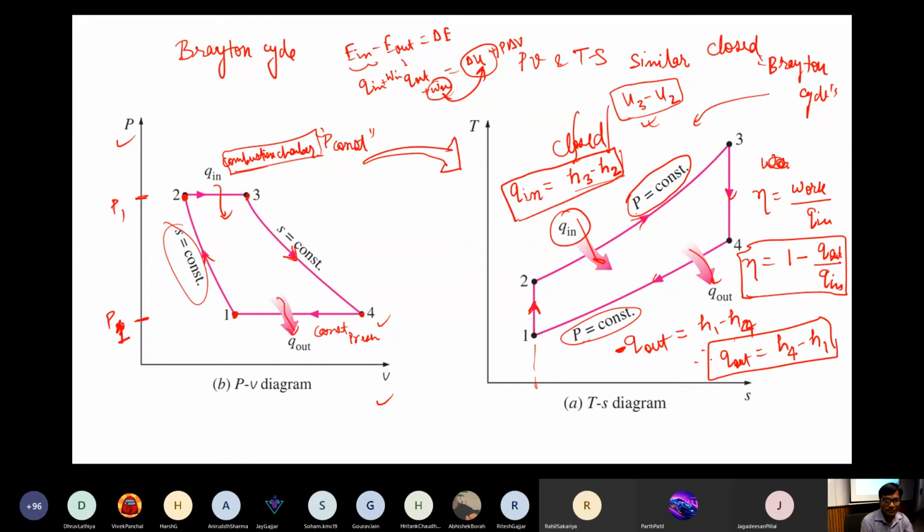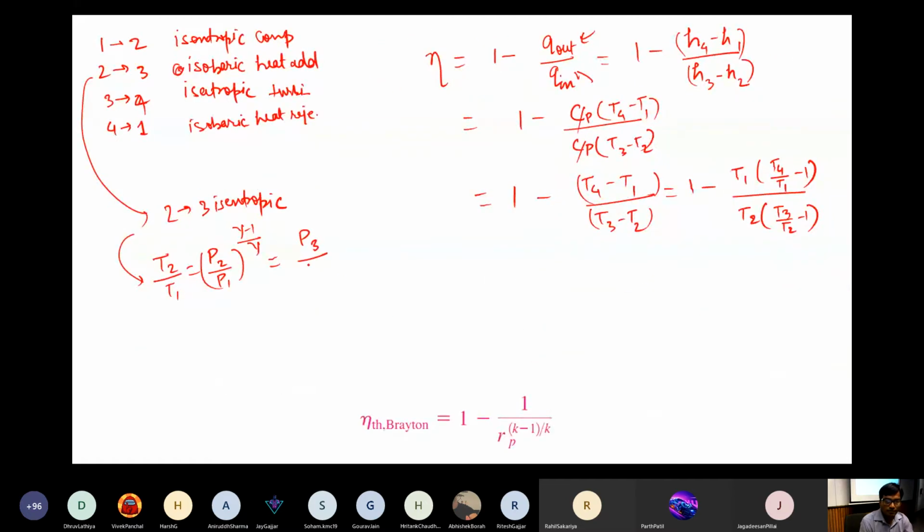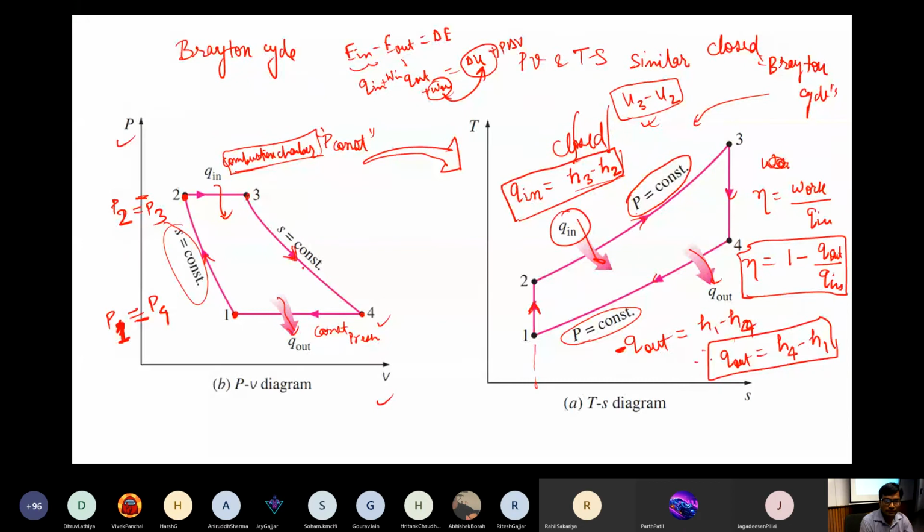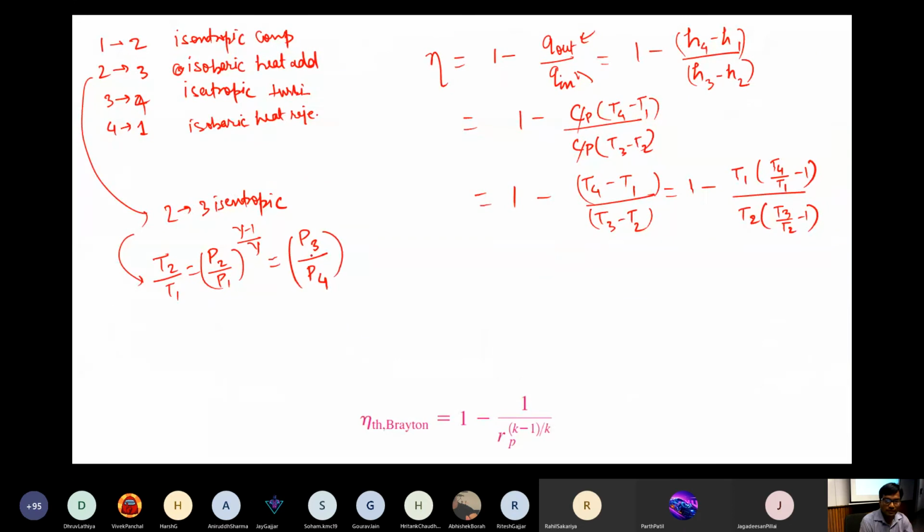Generally I make more mistakes while writing. So this is P1, this is P2, which is again equal to P3, and this is equal to P4. I can replace P2 by P3 and P1 by P4 in a similar relation.